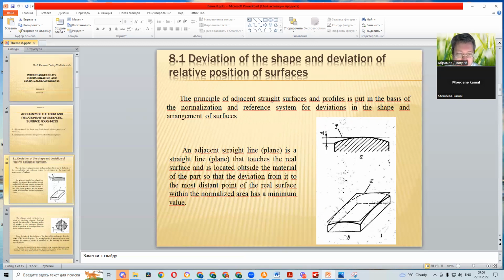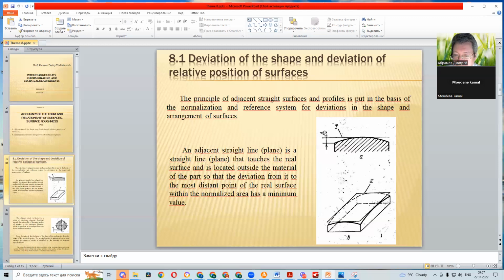An adjacent straight line or plane is a straight line or plane that touches the real surface and is located outside the material of the part, so that the deviation from it to the most distant point of the real surface within the normalized area has a minimum value.